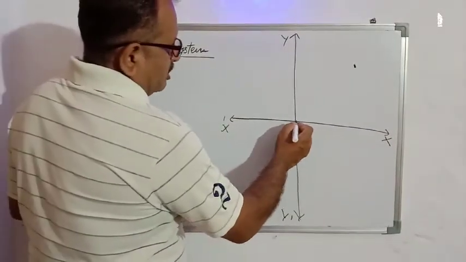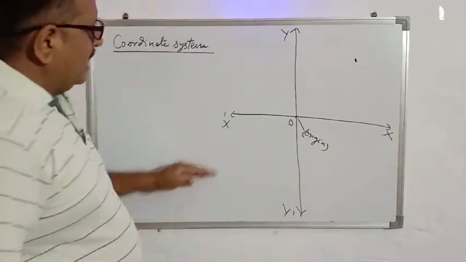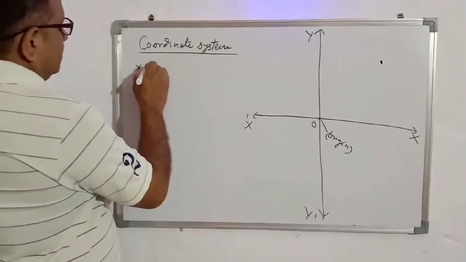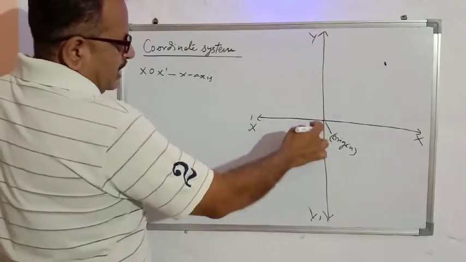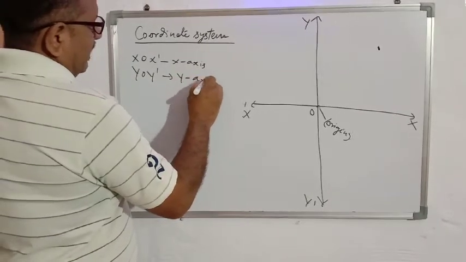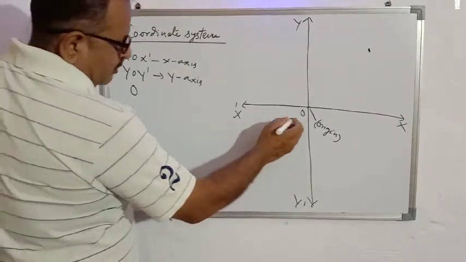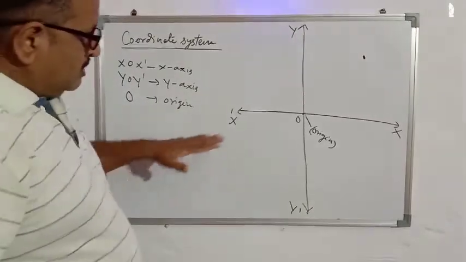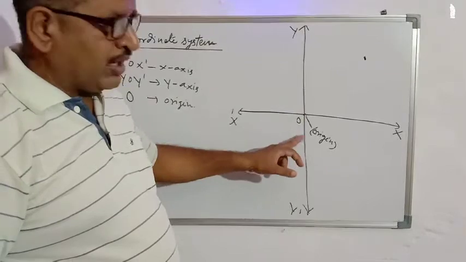So we have taken two number lines, horizontal and vertical, which intersect at 0. This point is called the origin. The horizontal number line X'OX is called the x-axis. The vertical number line Y'OY is called the y-axis, and where these two number lines intersect, it is represented by the letter O. It is called the origin.